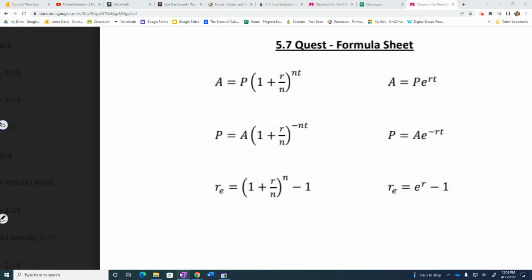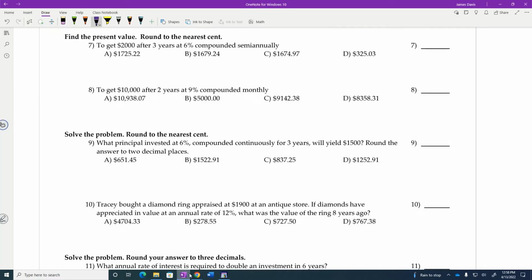So let's try it here. If we want to get 2,000 after 3 years, compounded 6% semi-annually, basically how much do we need now? Our present value has to be 2,000 times 1 plus 0.06 over 2, to the power of 2 times 3, so it'll be 6.